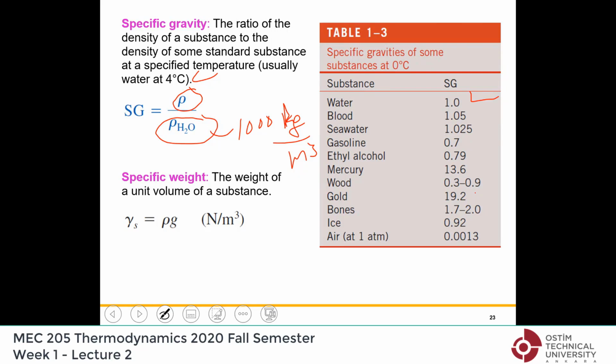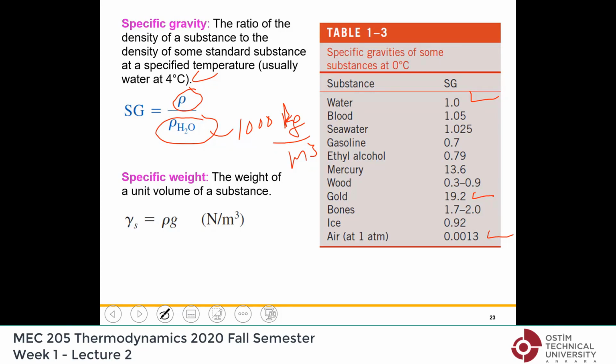Gold is 19, so gold is very heavy, and air is 0.001. It is the reason that 1000 cubic meters of air will weigh about 1 kilogram, whereas 1 liter of water weighs 1 kilogram. Okay.